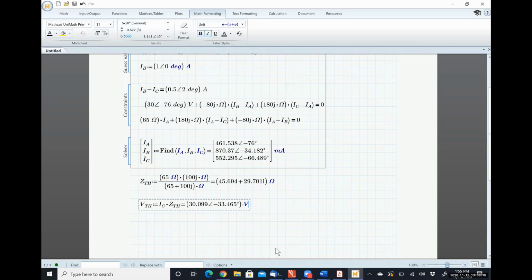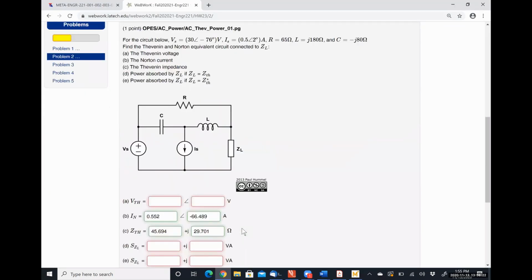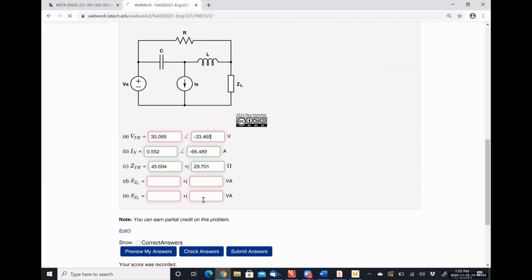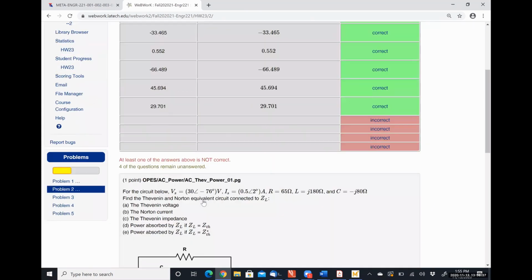So 30.099 with an angle of negative 33.465. Great. So parts A, B, and C are taken care of.